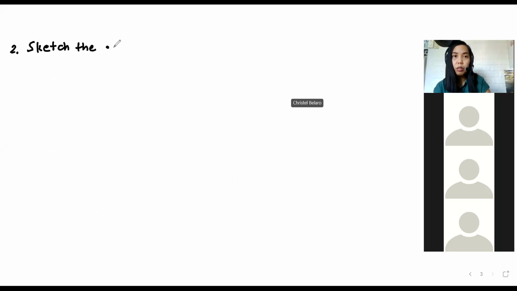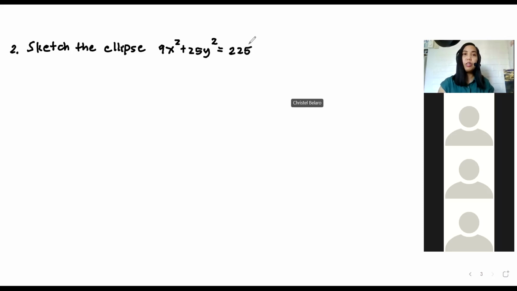Sketch the ellipse 9x squared plus 25y squared equals 225.